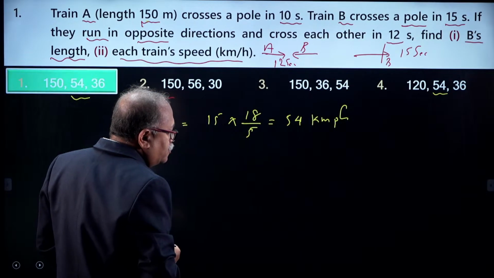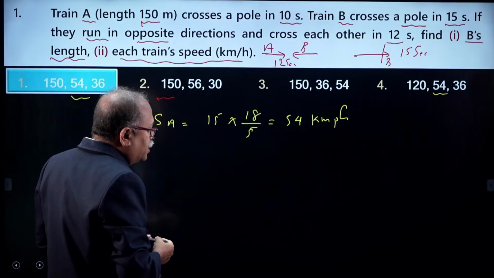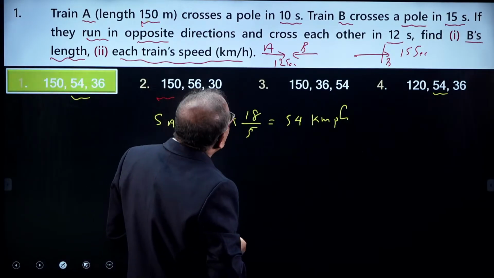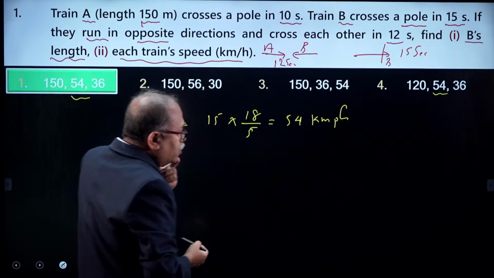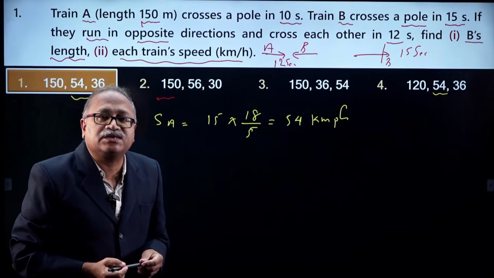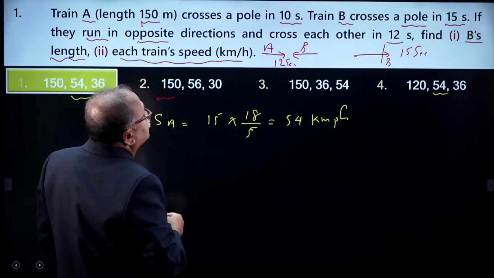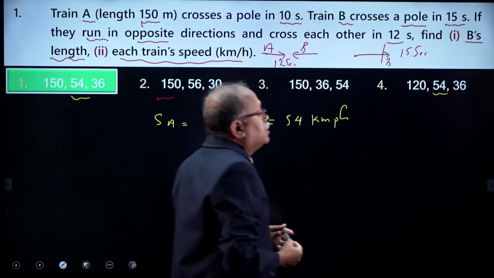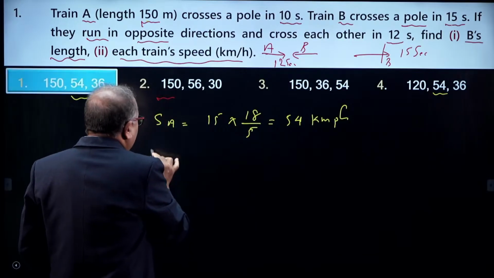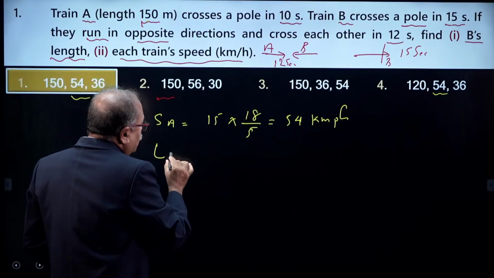So what I need to do is consider the speed of train B. Let's consider that the speed of train B is x. In that case, it crossed the pole in 15 seconds. So what is the length of B?